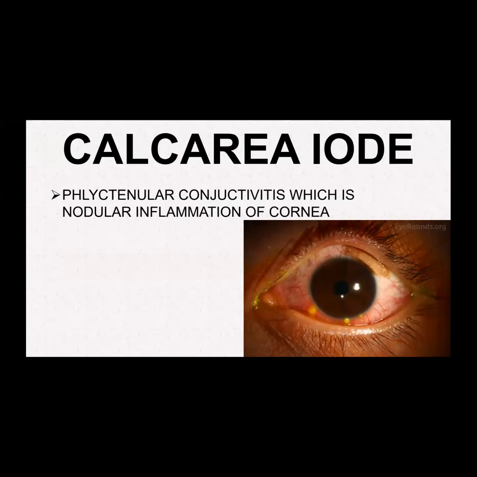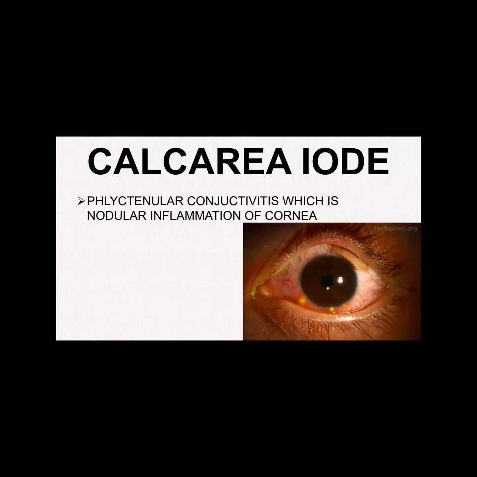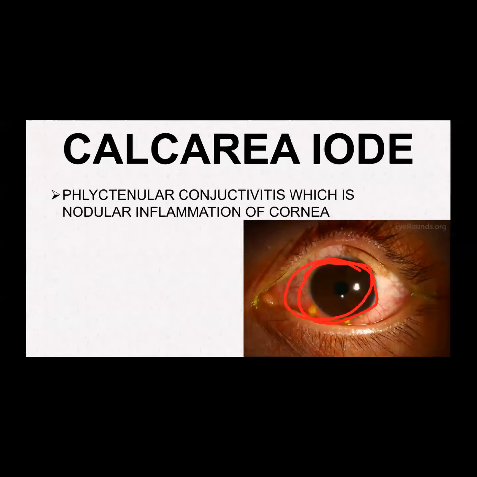Phlyctenular conjunctivitis is basically a nodular formation in the eyes. If you clearly see in the picture, there is a nodular appearance in the eyes. Whenever the nodular appearance has started, we use Calcarea iode in the acute condition.